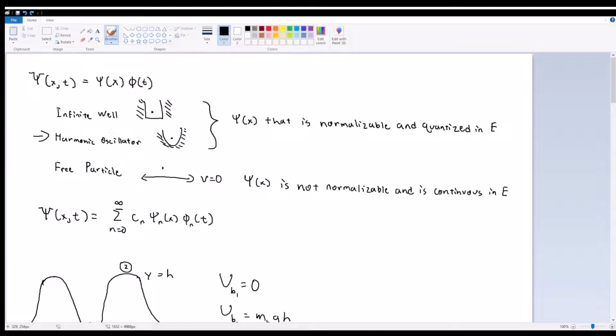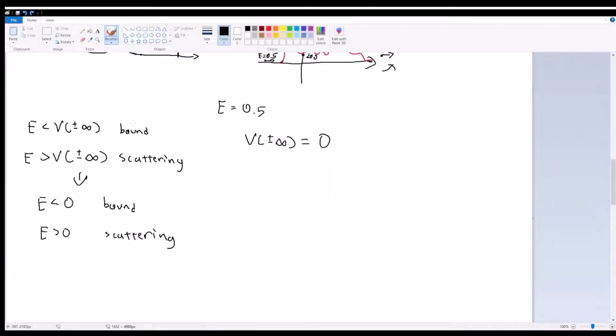These are idealized systems. For the harmonic oscillator and infinite well, V at plus or minus infinity is actually just equal to infinity.